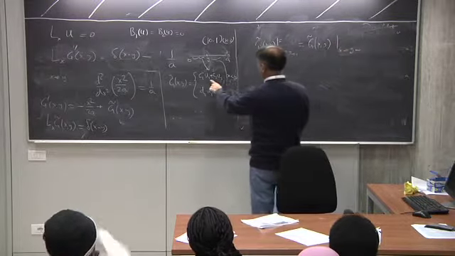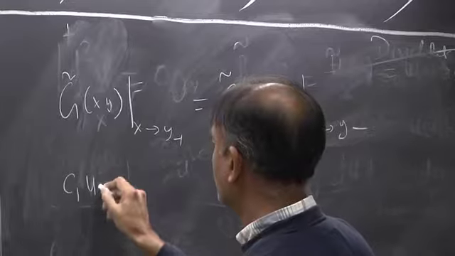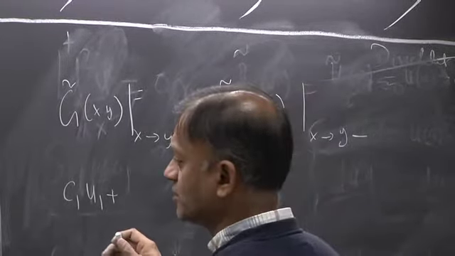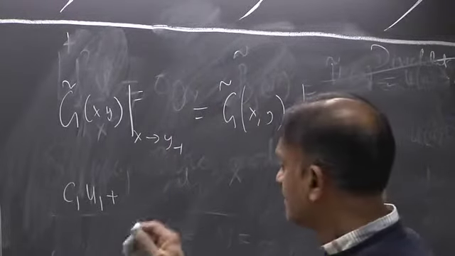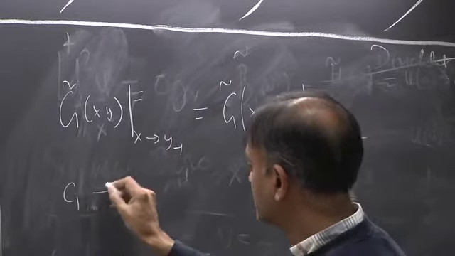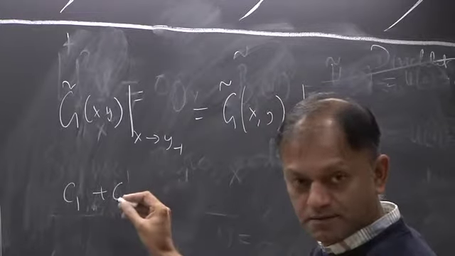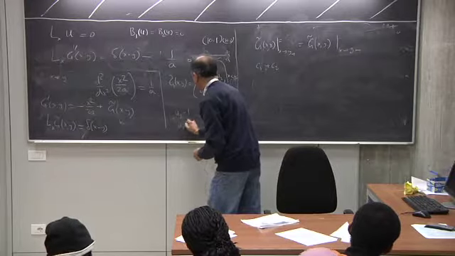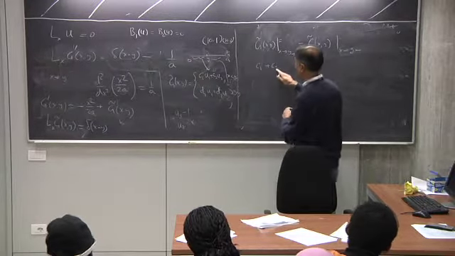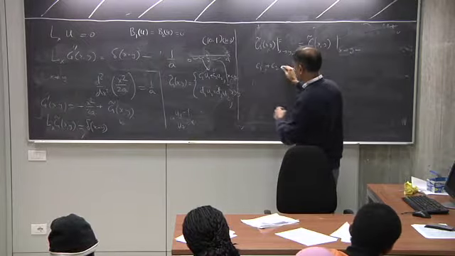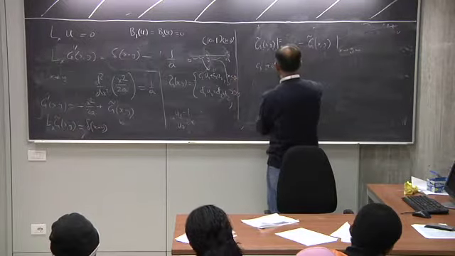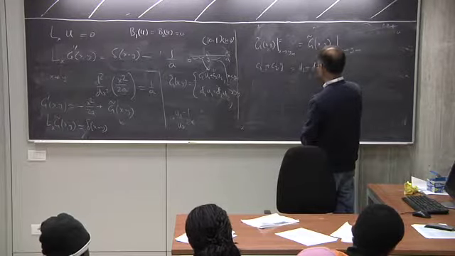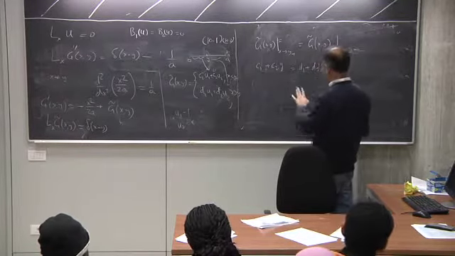So that equation gives me C1 u1 plus C2 u2, and let me substitute that u1 was 1 and u2 was x. So C1 plus C2 times x, but x is y. That is equal to d1 plus d2 times y. So that's one equation.